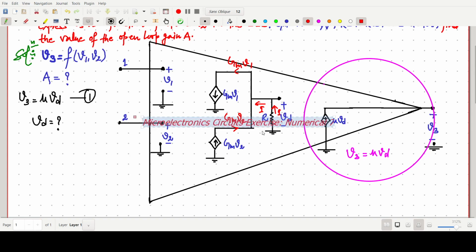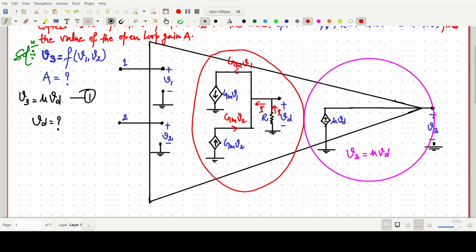From this portion, we can write the total incoming current at this point, our point A. The incoming current is I plus gm v2, and this one is outgoing, equal to gm v1. So I plus gm v2 equals gm v1.